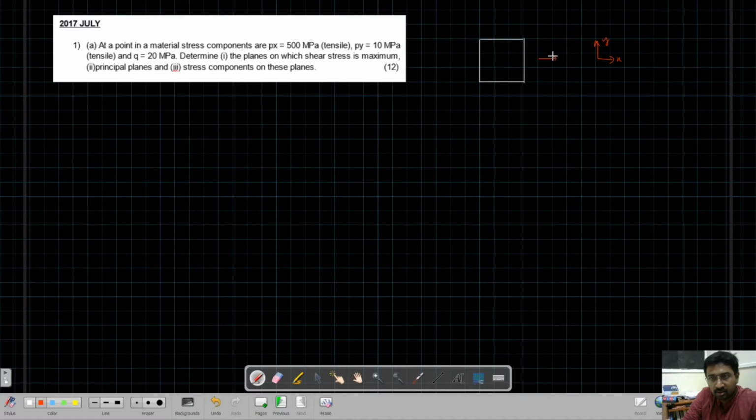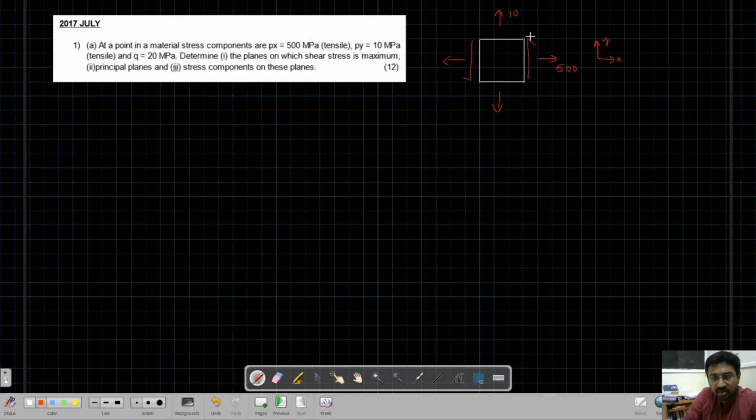So the stress in the x direction is given as 500 MPa. The y direction is given as 10 MPa. And for shear stress, the sign convention is not given, so let's assume it is plus 20 MPa. So it will be something like this.